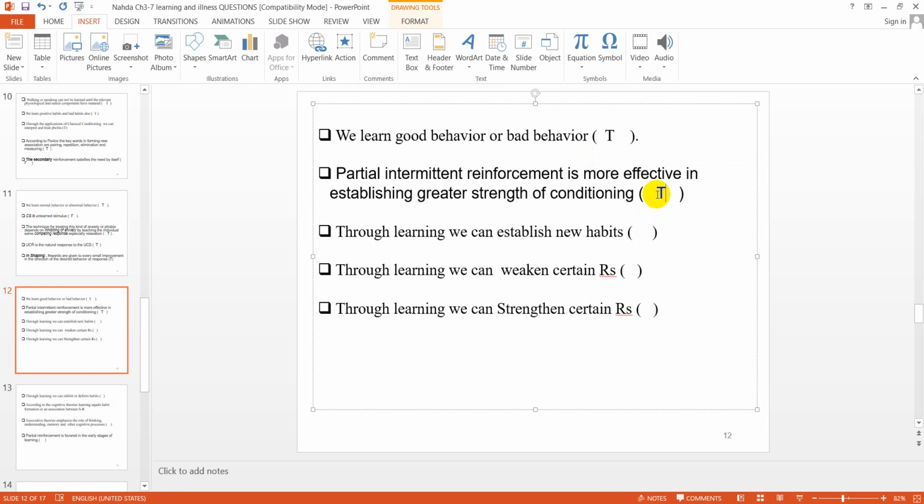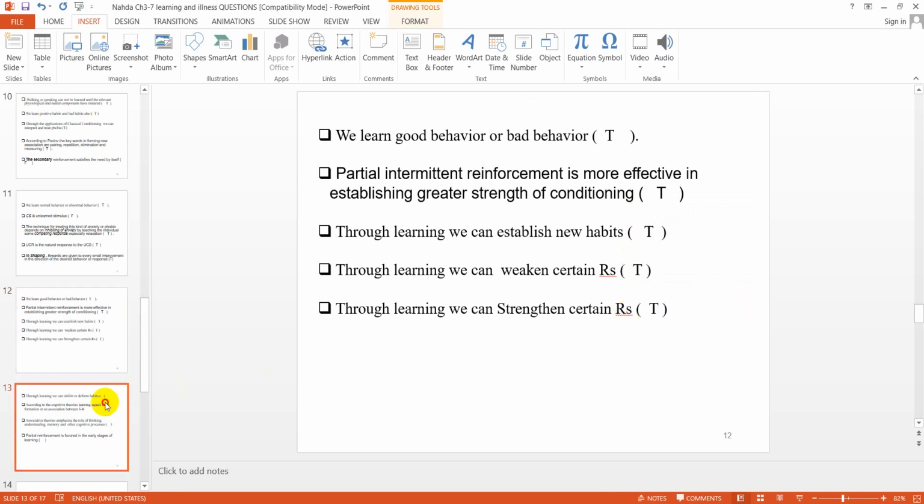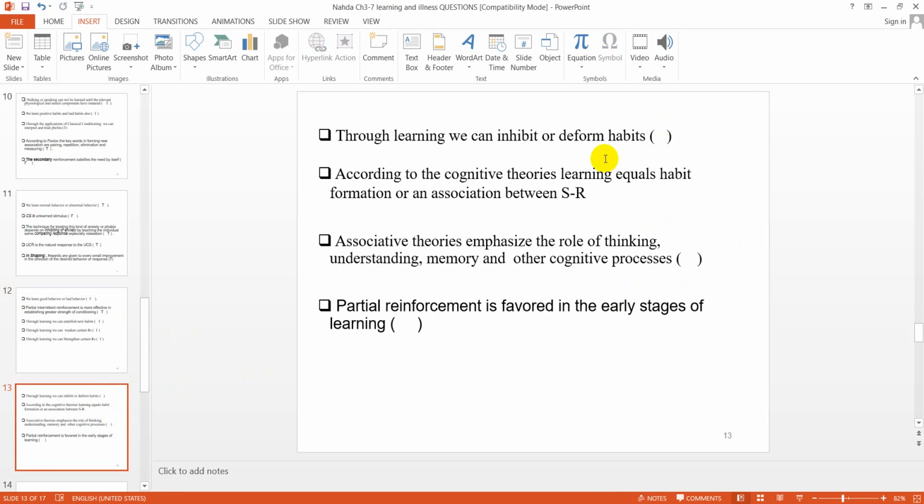Through learning, we can weaken certain responses. We can strengthen certain responses. All of this is true. Through learning, we can inhibit or deform habits. Yes, true.